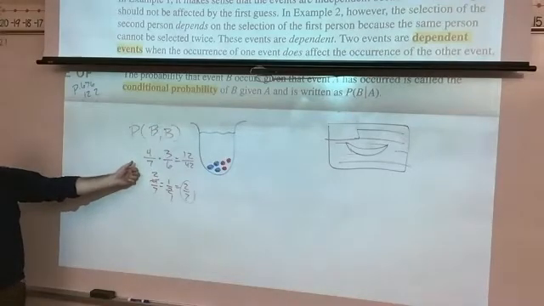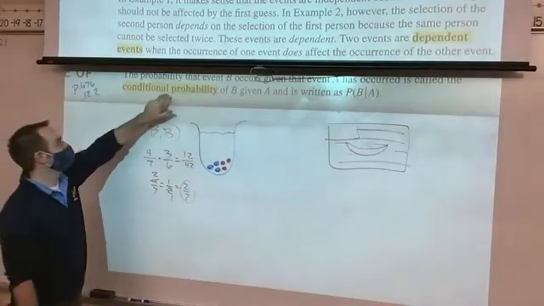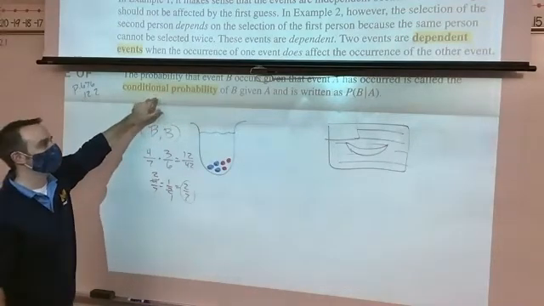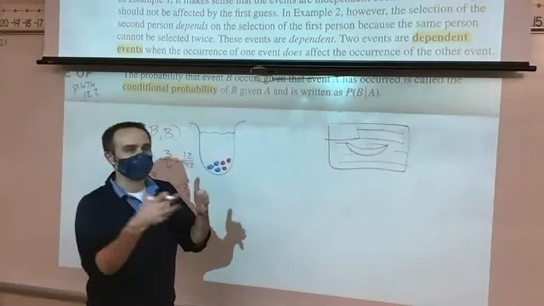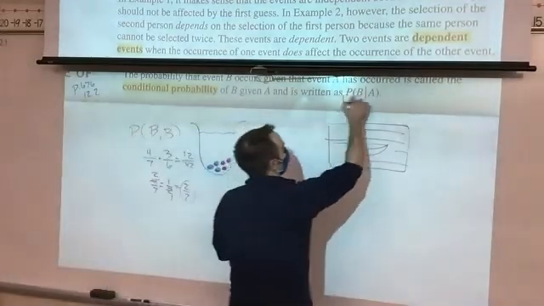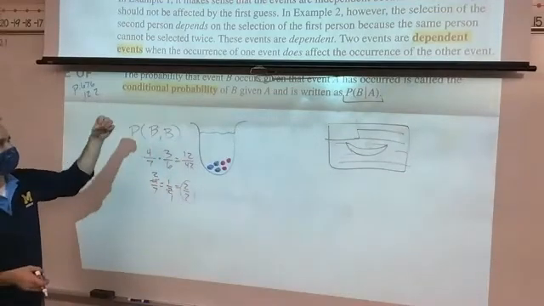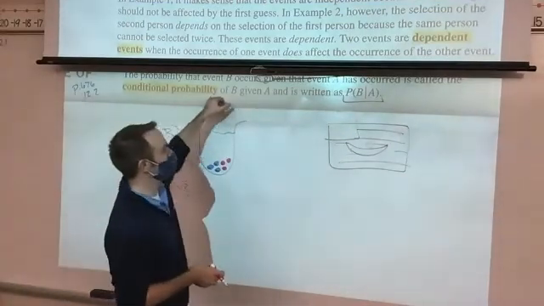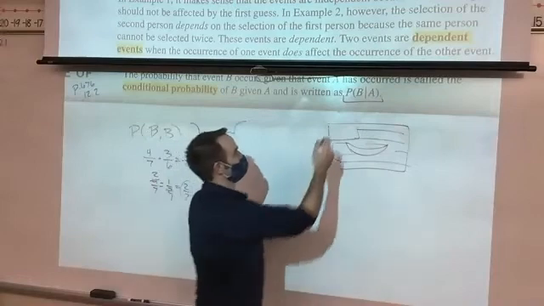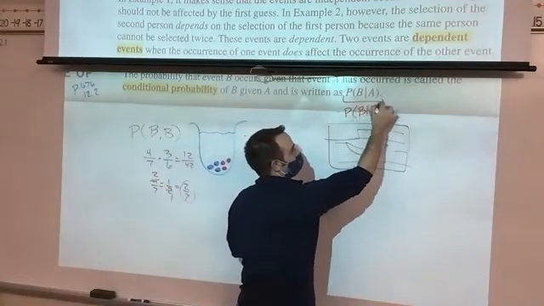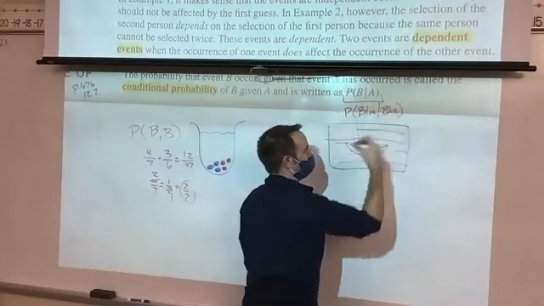Dependent events here. Okay, the other thing here, conditional probability. Conditional probability is just the second part here. It's that second probability that we did where we got the 3/6. That's what we're looking at here. This would be the probability if we were using this in our situation. It would be what's the probability of getting a blue when I already picked a blue?